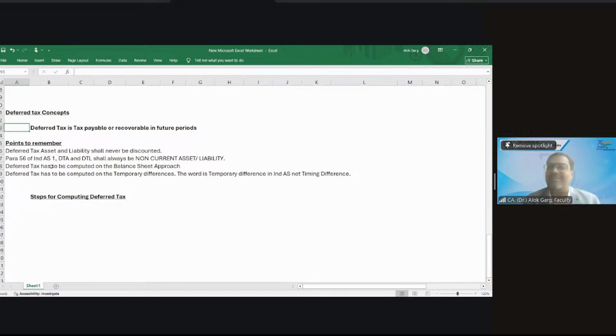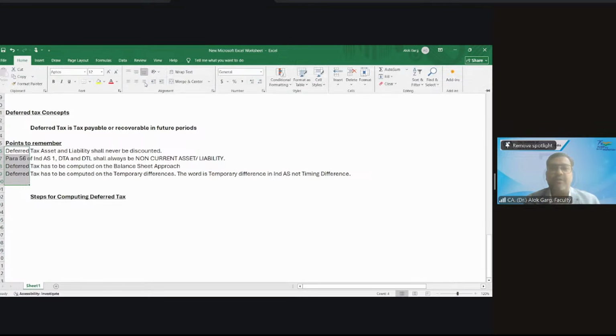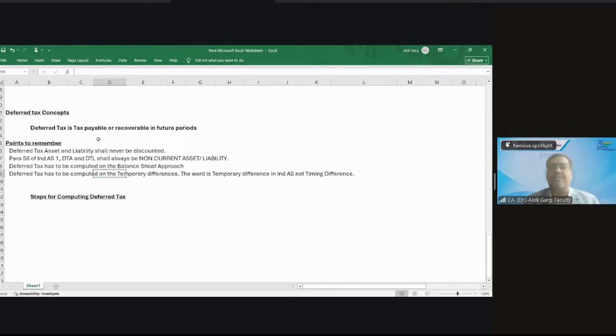I always used to ask a fundamental question of chartered accountants to check how much depth there is, whether they have understood the concepts or have mugged up the concepts only for the purpose of clearing the exam. So friends, these are the 4-5 things which I wanted to tell you, which you should always remember.